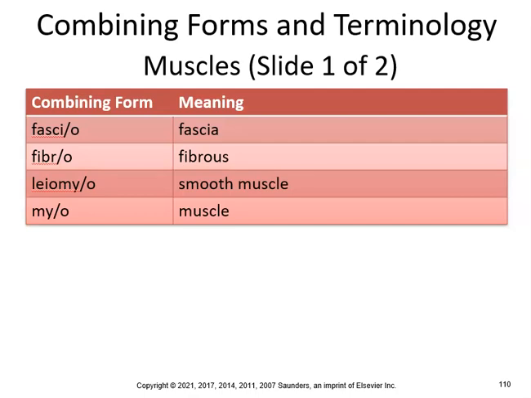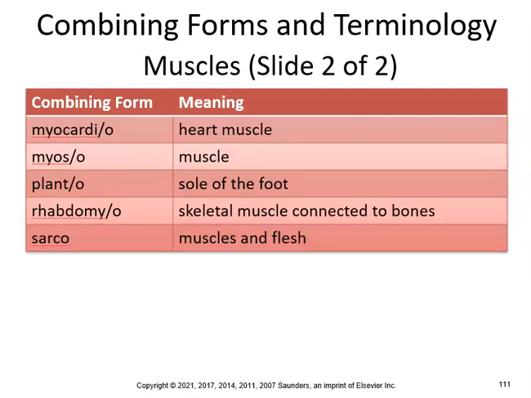That's pain of fibrous connective tissue and muscle in various parts of the body. How about leiomyo, which is smooth muscle. A leiomyoma would be a tumor of smooth muscle, and myo is muscle, so myalgia would be pain in the muscle. Myocardium pertains to the heart muscle. Myositis would be inflammation of the muscle.